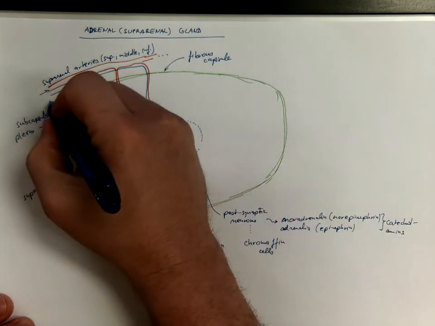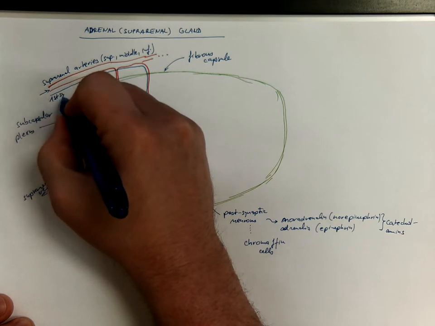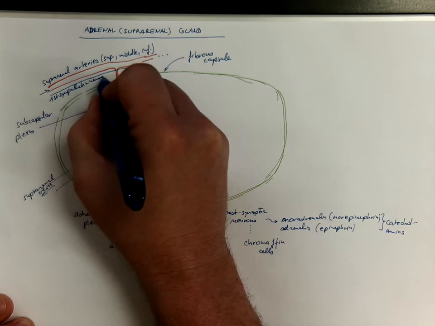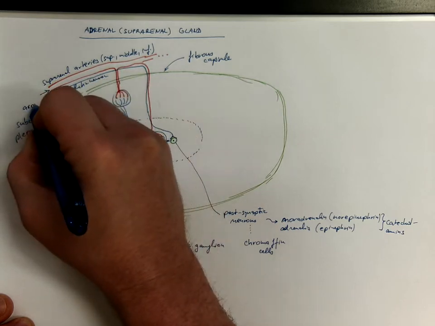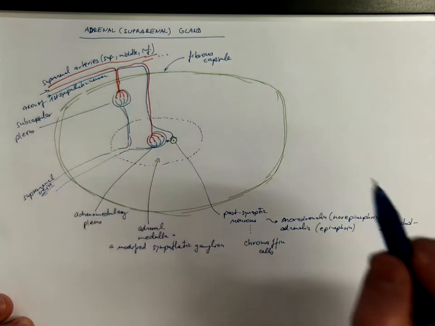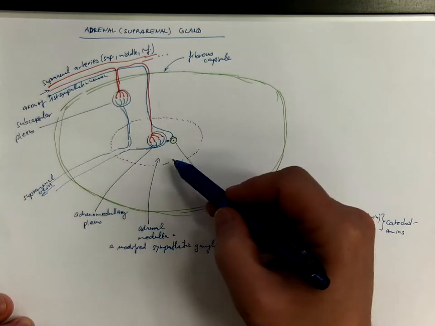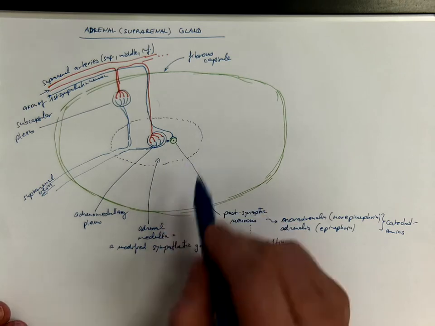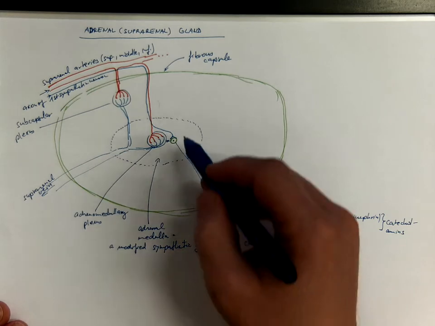So here will be the first sympathetic neuron or axon of it. So this is actually nervous tissue, a sympathetic ganglion. You can find also some glia cells there and blood vessels.